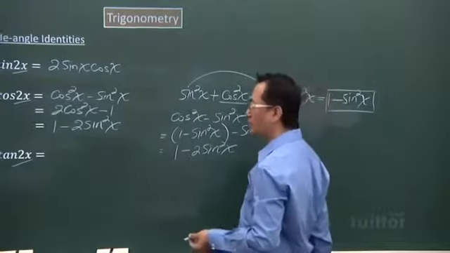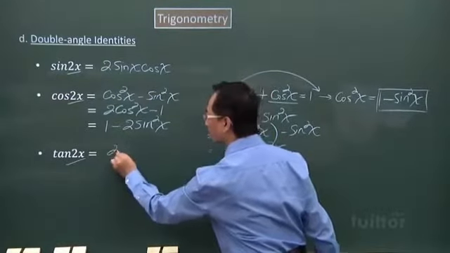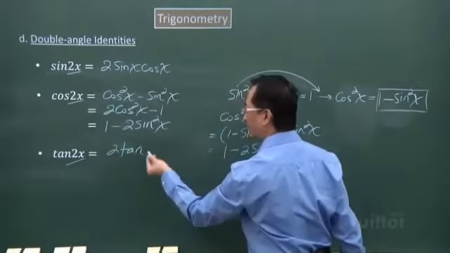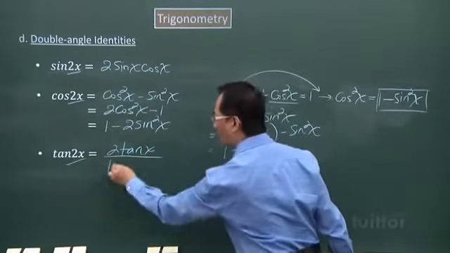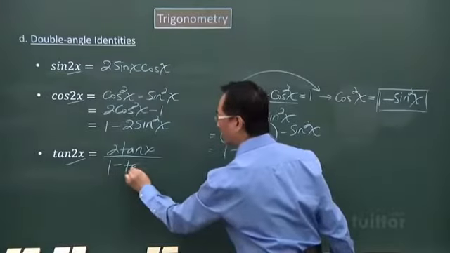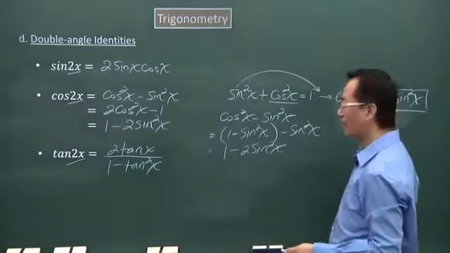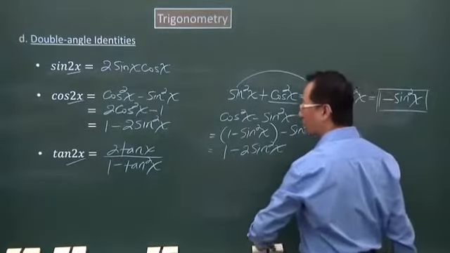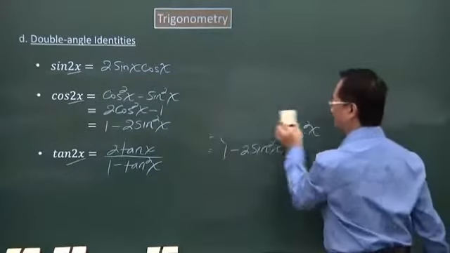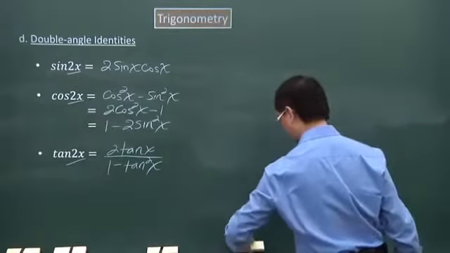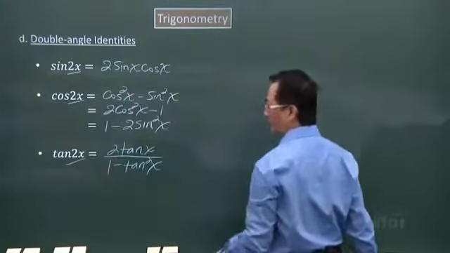Where you have tangent 2x, the expression is 2 tangent x over 1 minus tangent squared x. Well, just to talk a little about this one. Tangent 2x.